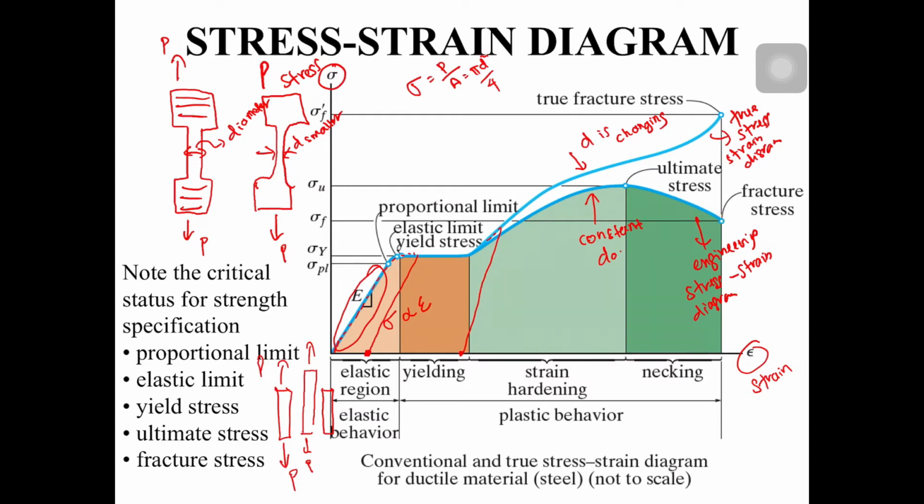So remember these 4 points: proportional, yield, ultimate, and fracture. Okay, just concentrate on this engineering stress strain diagram. Most of the questions come up for this diagram. It's not the upper parts.